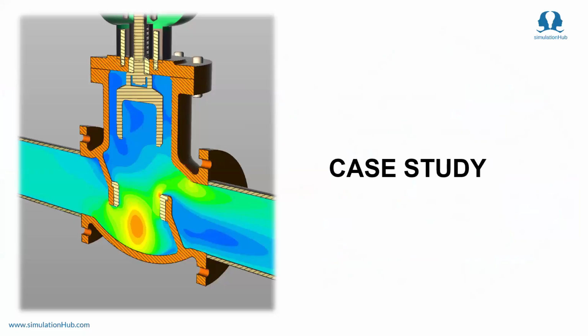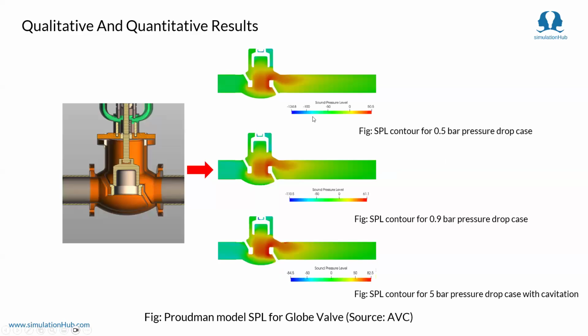So moving on to the case study. As it's a ritual of every webinar that we've done, we also have a case study for this webinar as well. Let's have a look at the case study that we have done.